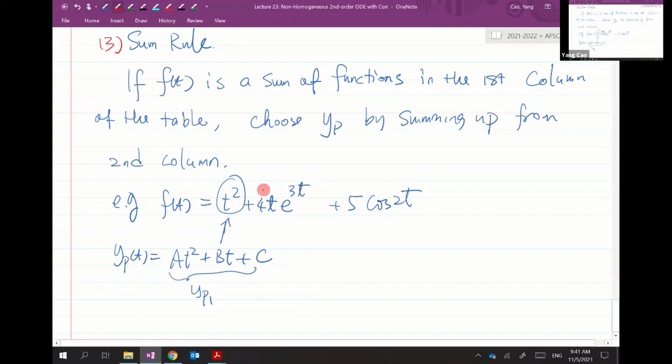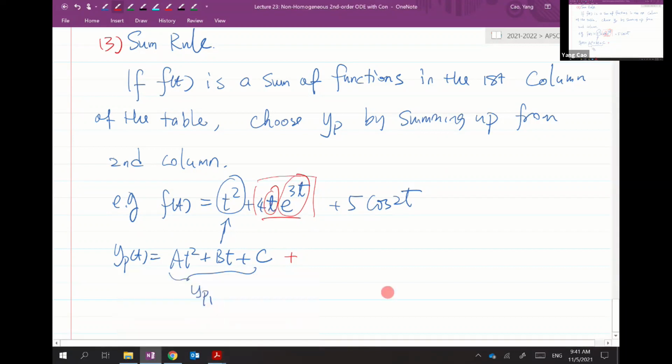Then next, you look at this 4t e to the power of 3t. This is actually a combination of t and e to the power of 3t, right? So there are 2 terms multiplying together here.